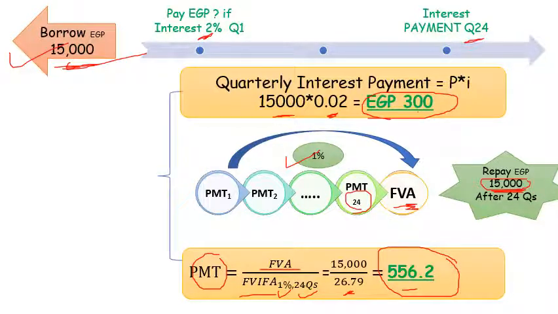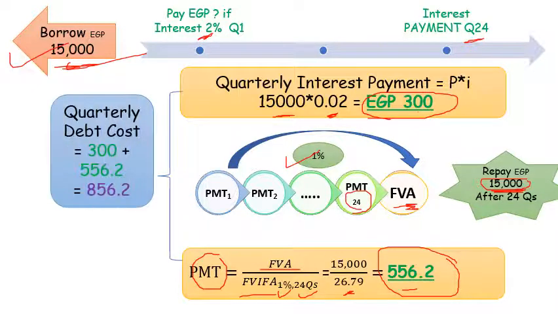So at the end of each quarter, the borrower should have 856. This 856 should cover the periodic interest and the periodic deposits in the sinking fund.